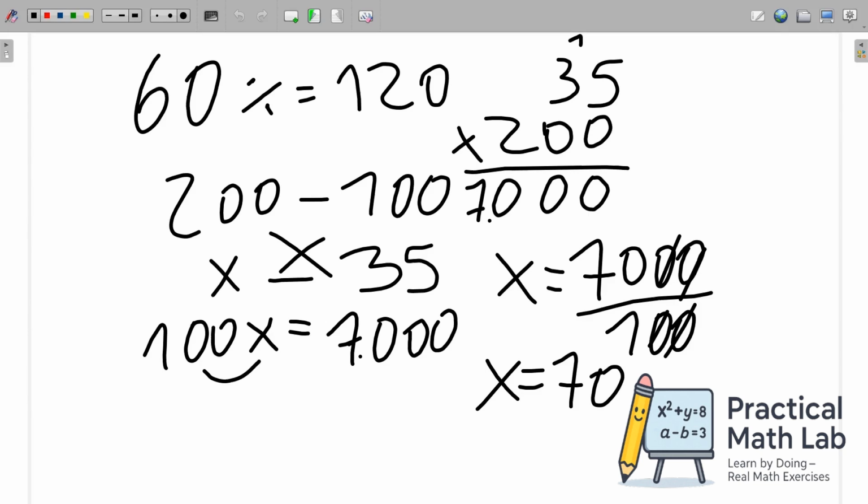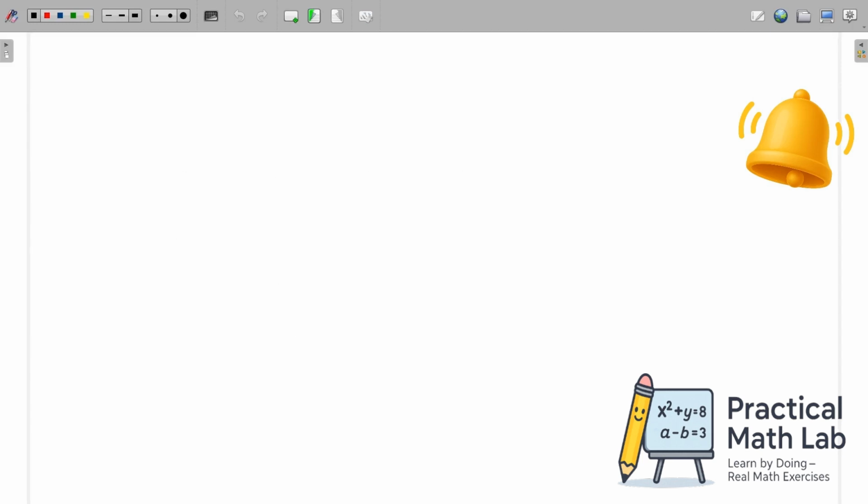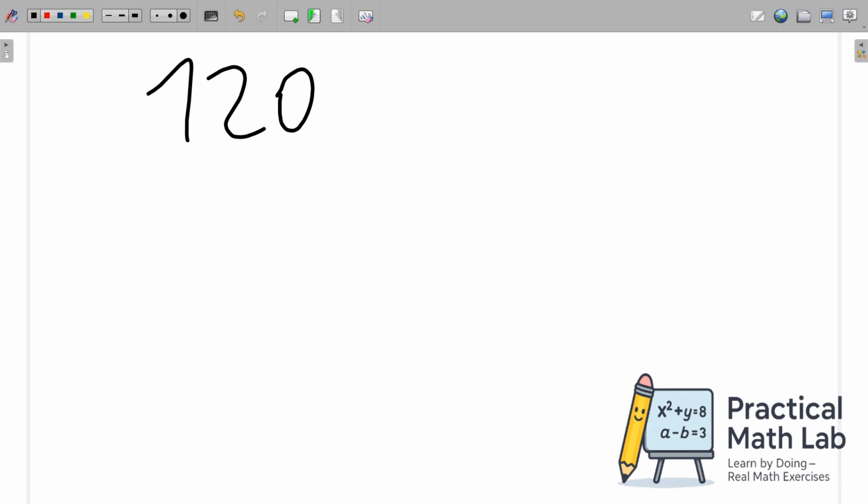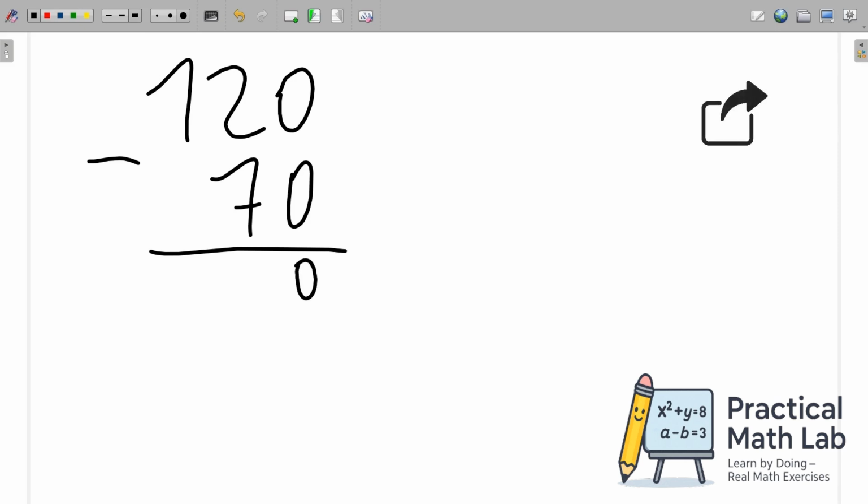No! The question is, what was the amount of water taken out of the tank? So, if before the tank had 60%, which is 120 liters, and now it has 35%, which is 70 liters, to find out the amount of water removed, you just need to subtract. 0 minus 0 is 0. 2 here can't be subtracted, so you borrow 1, it becomes 12 minus 7, which is 5.